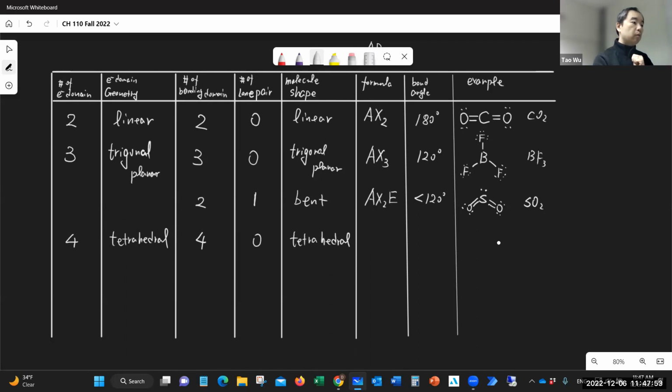And then the formula, we're going to just write AX4, right? Since they have 4 side atoms and one central atom. The bond angle we talk about is 109.5. If there are exactly no lone pairs, that's going to be just 109.5. And one of the examples is methane, CH4.